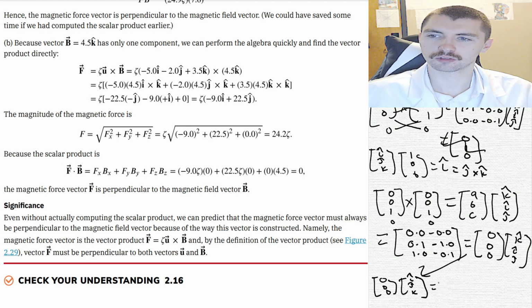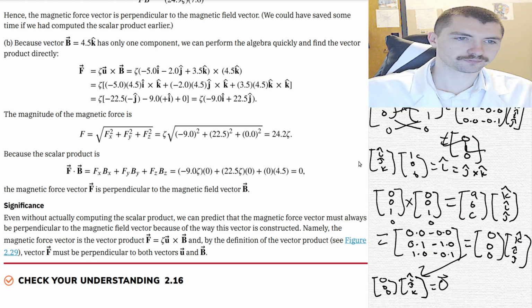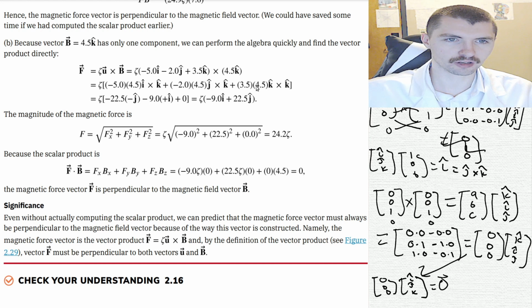So that's a 0 vector. So that means this whole section just drops off as they put the 0 here.